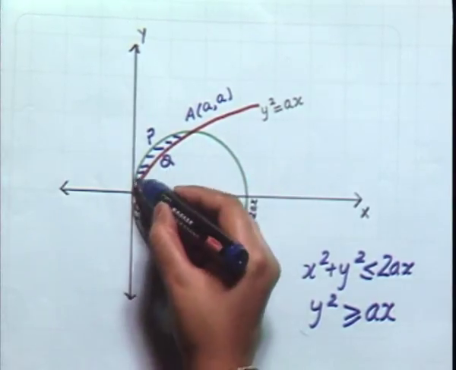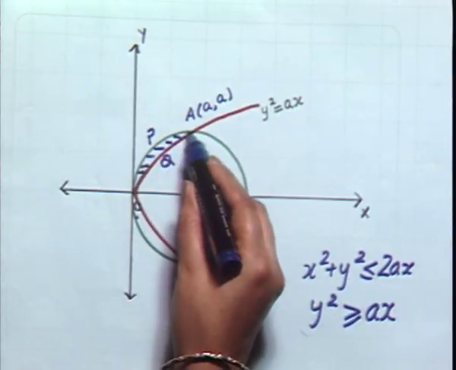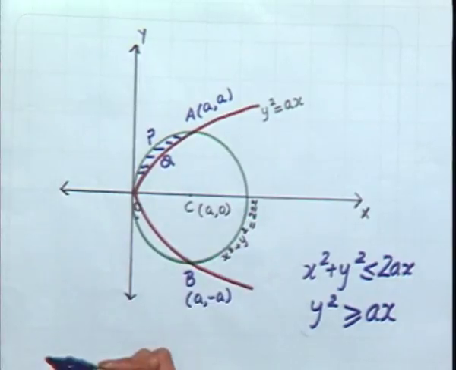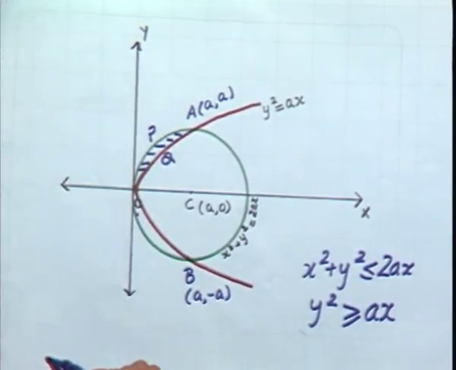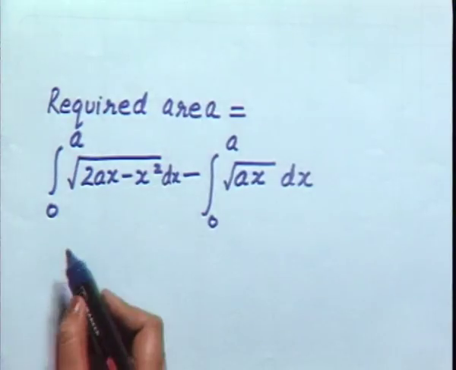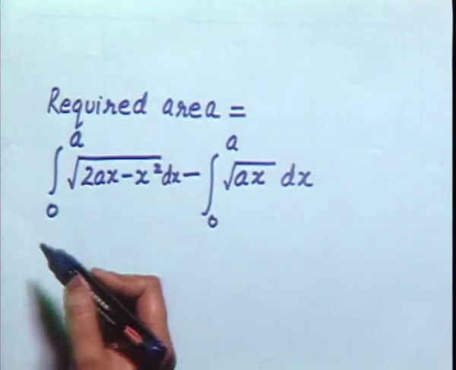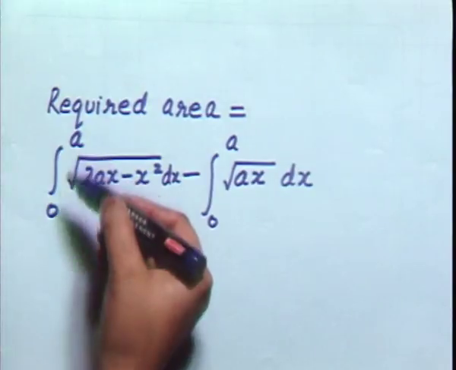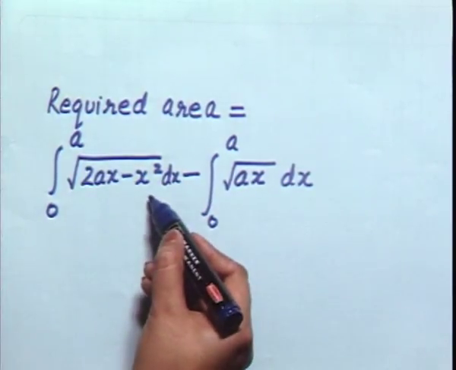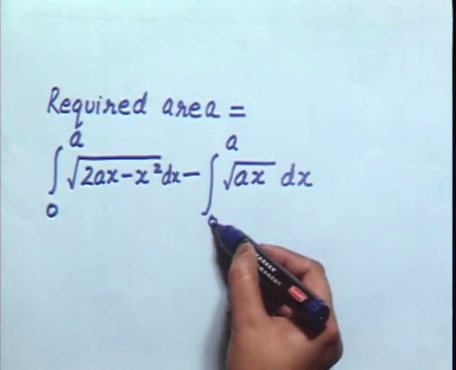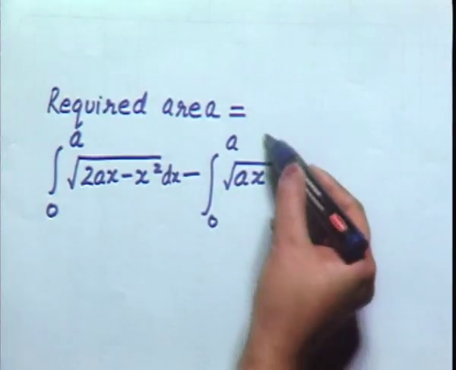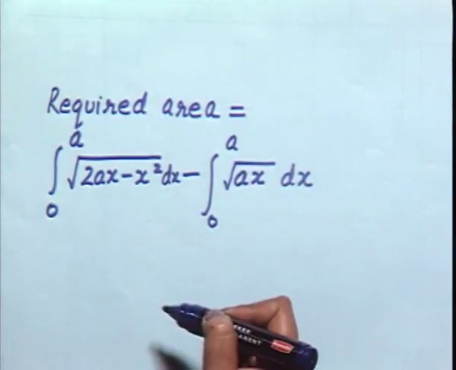Do we get that? So, this shaded portion, that is area OPAQ, is calculated as the difference of the two areas, and so we can write the required area to be integral 0 to a. The limits again come from the points of intersection. So, integral 0 to a of under root 2ax minus x square with respect to x, minus integral 0 to a of under root ax, the y function which defines the parabola.